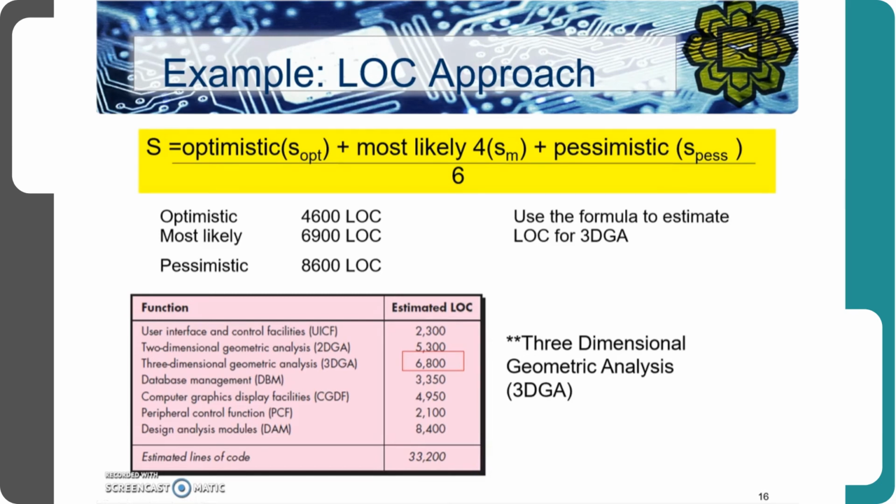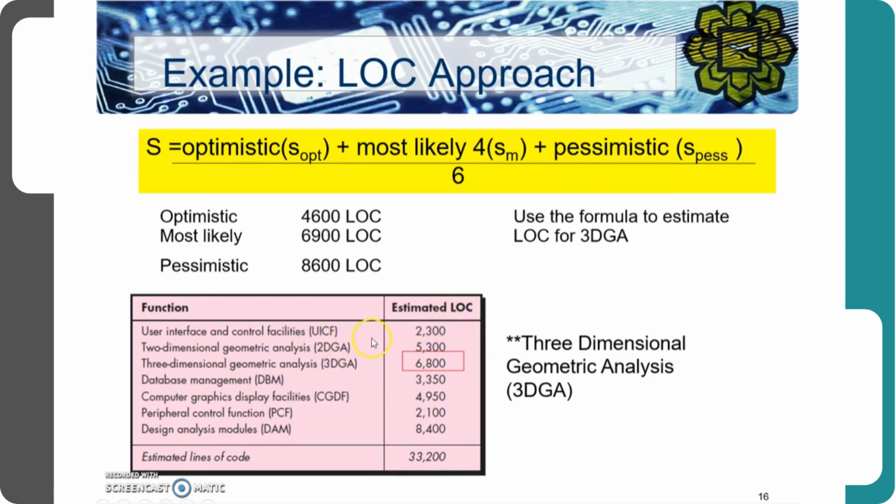Okay, now let's look at an example of how to calculate this three-point or expected value for software size based on problem-based estimation. Let's say we have the information of the functions. For example, here we have user interface and control facilities, 2-dimensional geometric analysis, 3-dimensional geometric analysis, and the respective estimated lines of code.